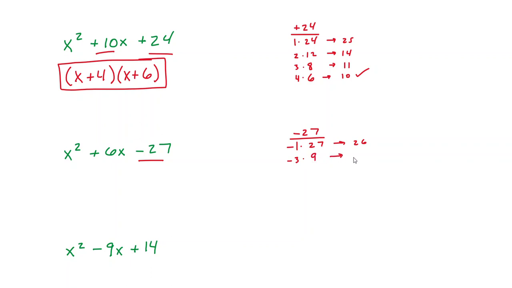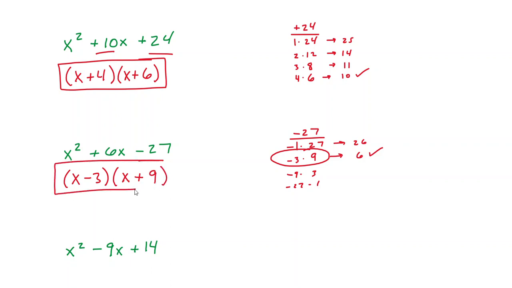If I add -3 plus 9, I get 6. Oh, wait, that's what I was looking for. So I can stop. I could have kept going, negative 9 times 3 and negative 27 times 1, but I don't need to because I already found the answer. x minus 3, x plus 9.